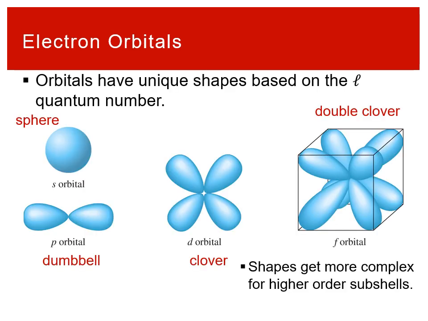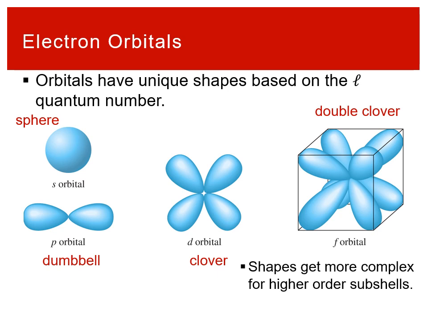All right, so now that we've finally got some orbitals, now that we have our arrangement, we can go all the way down to orbitals. What we want to do is look at what these actually look like. And so our orbitals have characteristic shapes that are based on the L quantum number. So S orbitals are spheres, P orbitals are dumbbells, D orbitals have a clover shape, and F orbitals are called a double clover.